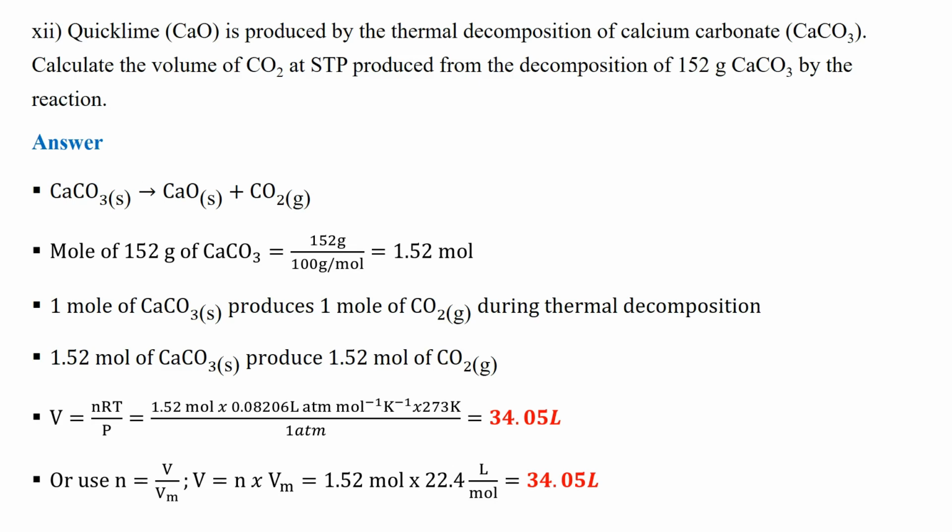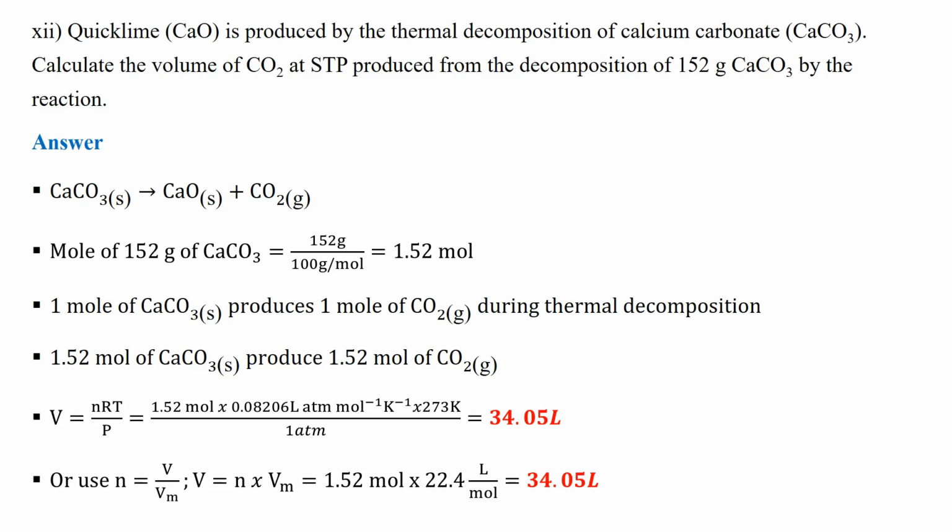That means that 1.52 moles of calcium carbonate will also produce 1.52 moles of CO2. So the moles are the same. Then, after getting the number of moles of carbon dioxide, we calculate the volume.